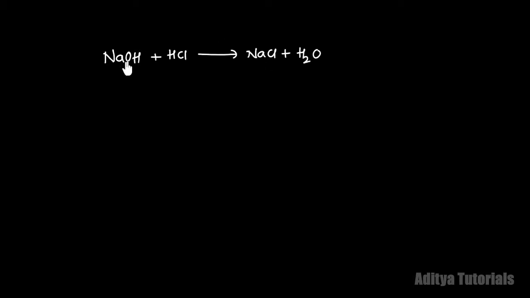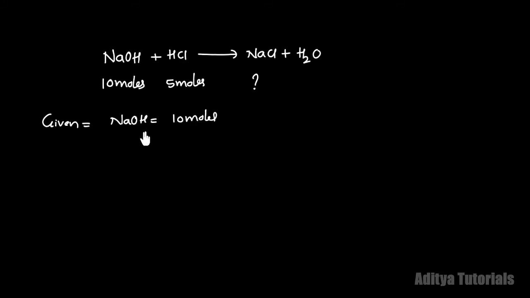In the equation it is given that NaOH is 10 moles and HCl is 5 moles, and we have to find how much sodium chloride is formed, and also calculate which one is the limiting reagent and which one is the excess reagent. For that, here we have given sodium hydroxide NaOH equal to 10 moles.